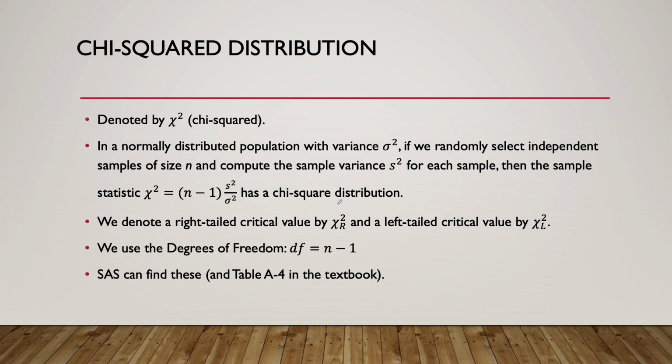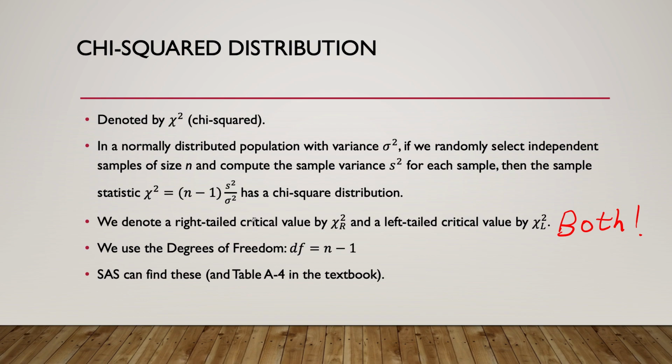As a chi-squared distribution, we denote a right-tailed critical value by chi-squared sub r and a left-tailed critical value by chi-squared sub l. We need to use both for this confidence interval. Have to. We use the degrees of freedom of n minus 1.